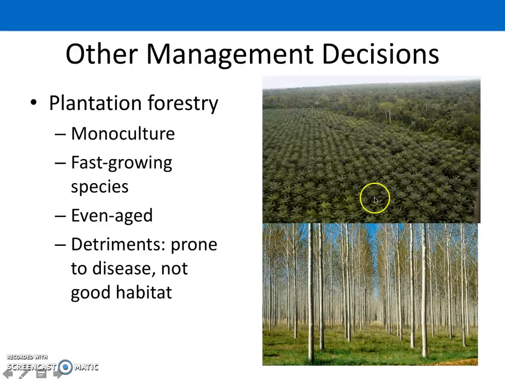In fact, this type of forestry does not provide good habitat for other organisms at all because of that lack of complexity. Also, when you have even-aged stands of trees that are all the same, they tend to be prone to disease, either native diseases or invasive species, and then you could really get your whole stand totally wiped out.